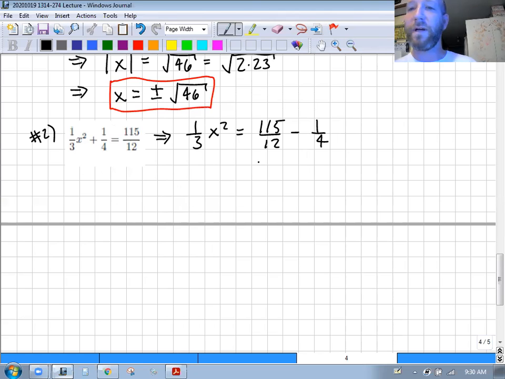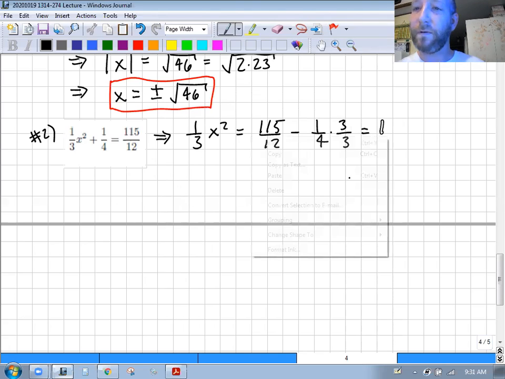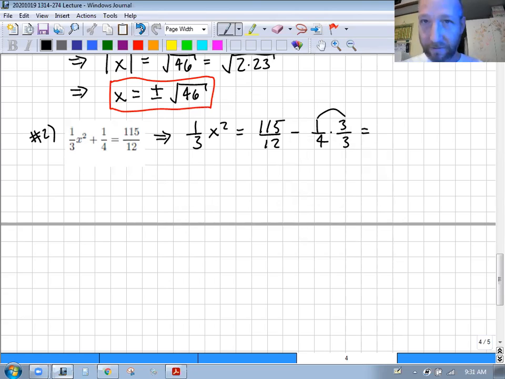And we can combine these. If we multiply this by a 3 over 3, so we have a 12 on the bottom, this leaves us with 3 times 1 is 3. So 115 minus 3 would be 112 twelfths.